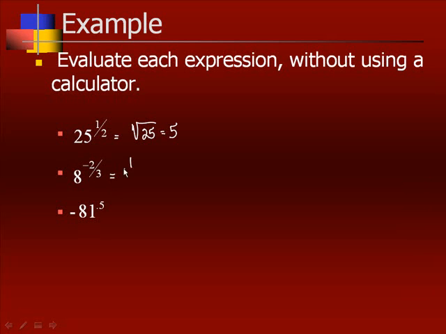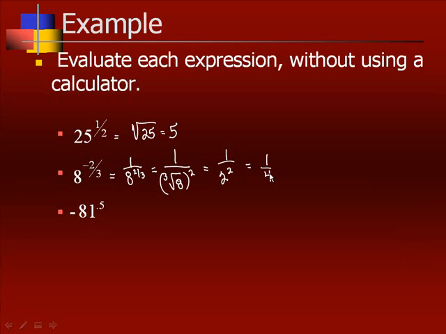Well, a negative power means 1 over, so that would be 1 over 8 to the 2/3. Well, if we do the root first, the third root of 8, and then we're going to square that. The third root of 8 is 2, so that's 1 over 2 squared, which would simplify to give us 1 over 4.